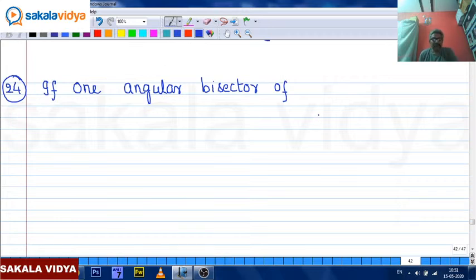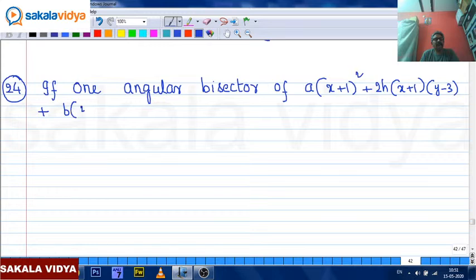The one angular bisector of a times x plus 1 whole square plus 2h times x plus 1 times y minus 3 plus b times y minus 3 whole square equal to 0 is 2x minus 3y plus 11 equals to 0.